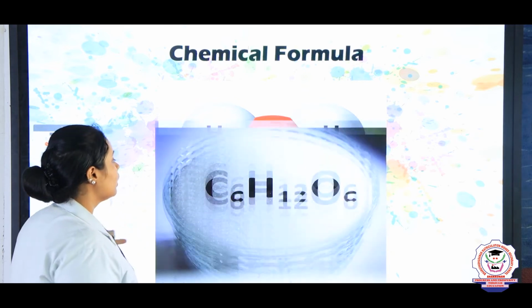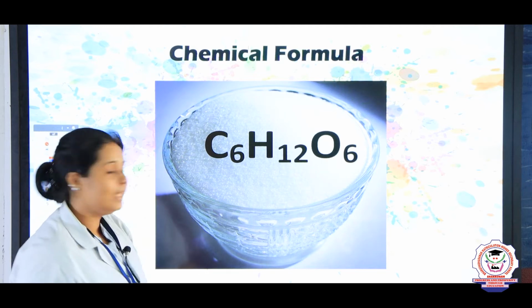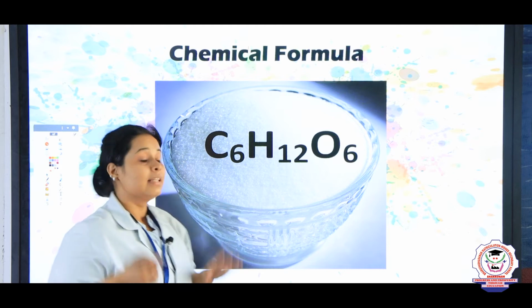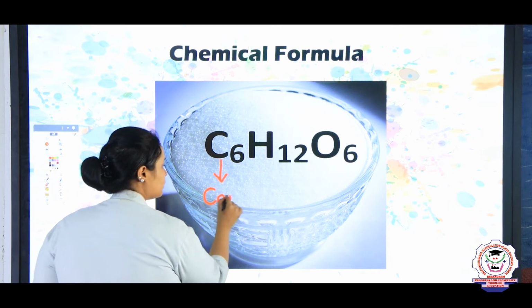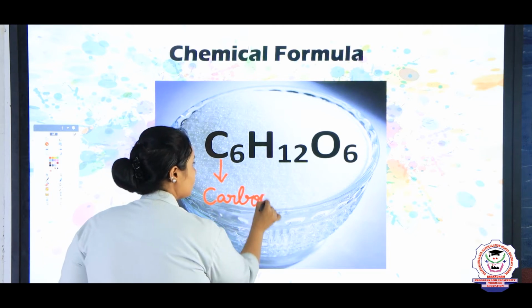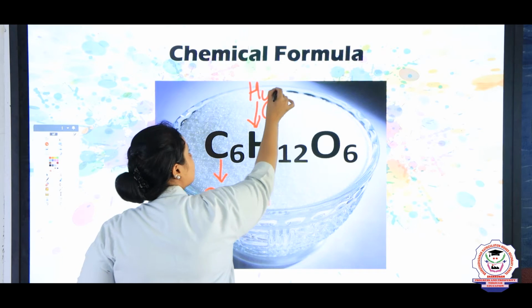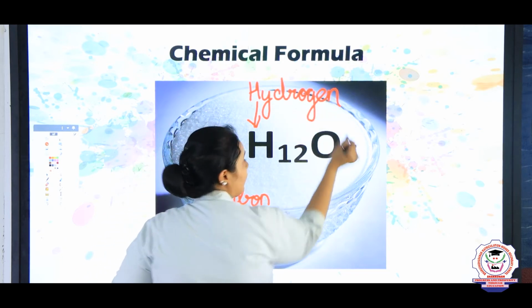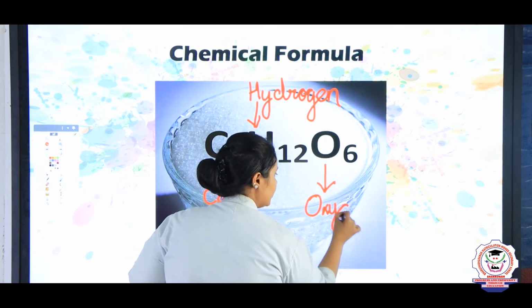Same way, after knowing the water molecule, there is one more example. See this example. What can you see over here? You can see that it's C6H12O6. That represents that there are 6 carbon, 12 hydrogen, and again 6 oxygen.